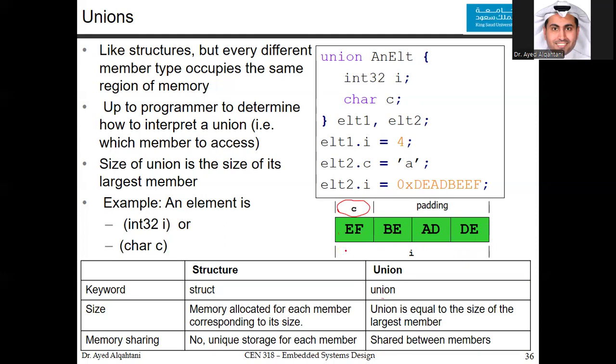So what happens if you specify the I, it will fill up the space. If you specify only the C, you will have the value of C right here, and the rest would be padding. Anyway, usually when you work with C, we use structure more than the union. There are few applications for the usage of union.